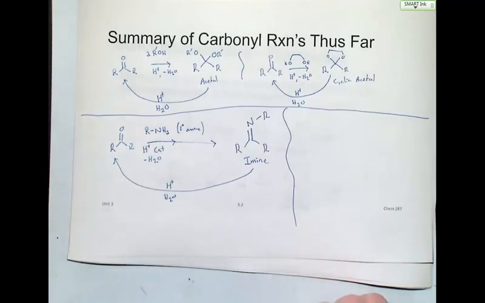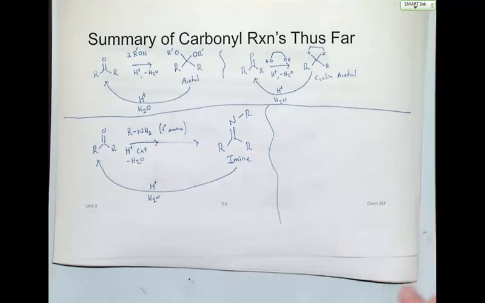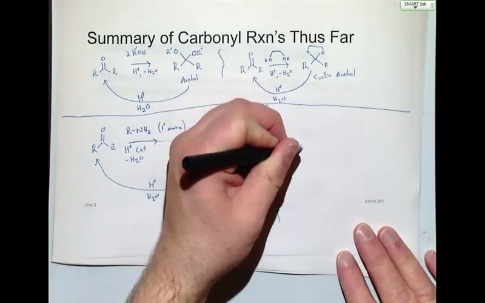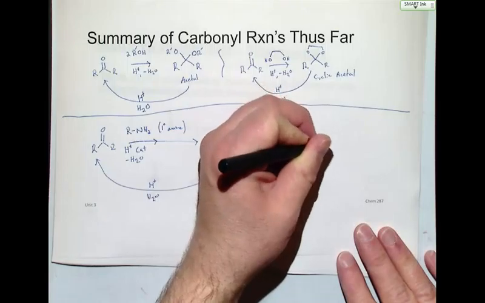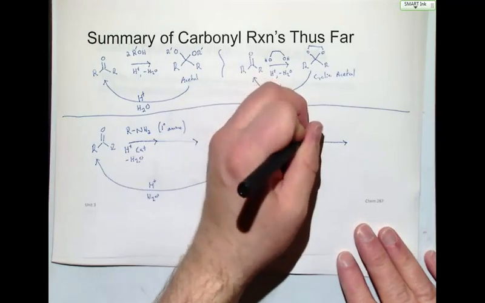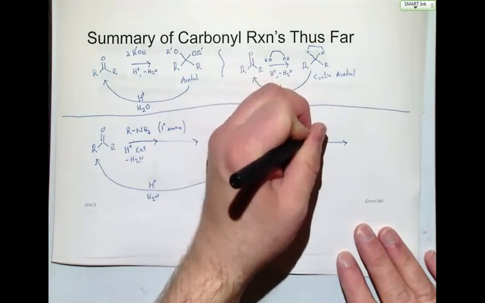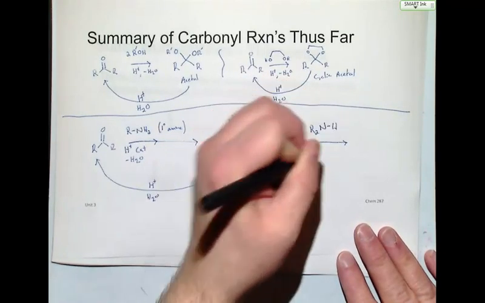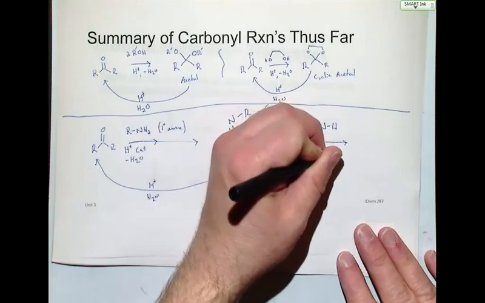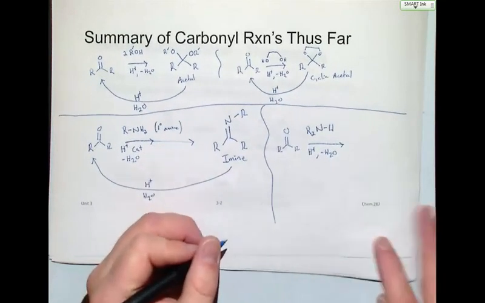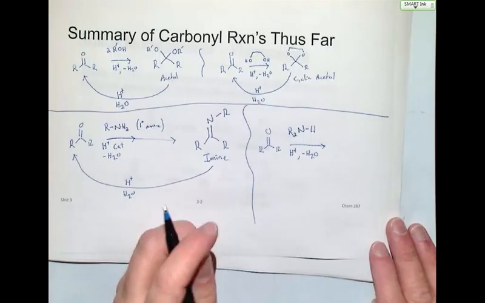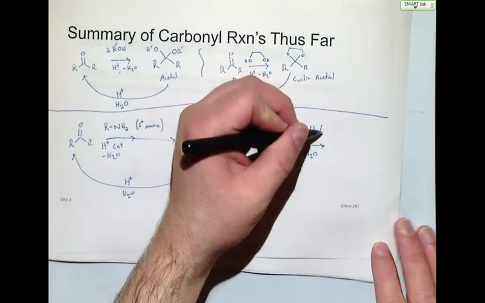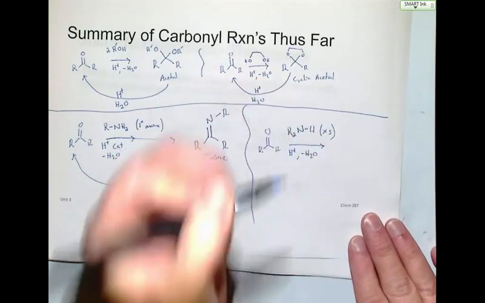And that reverses it. Okay. Now we learned enamine formation, which was just a carbonyl compound with an excess of this amine to make this happen.